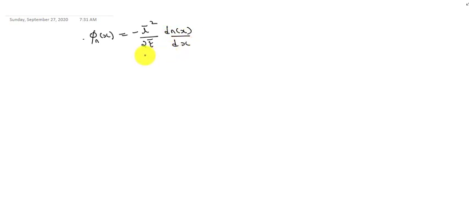So this L bar square by 2 T bar can be written as Dn, where L bar square divided by 2 T bar is equal to Dn.